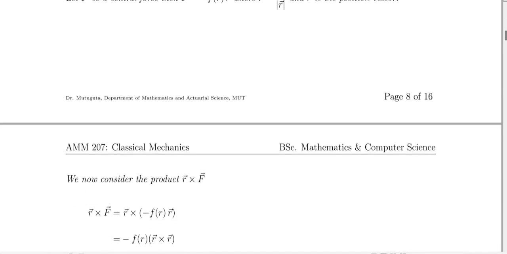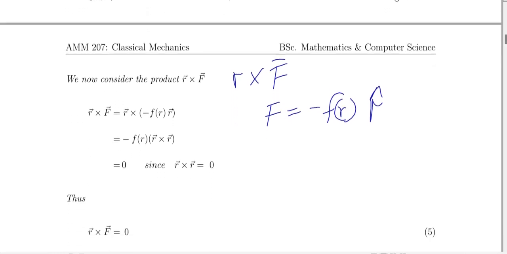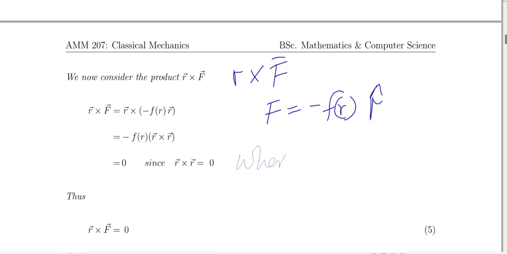Now, if we work out r cross F, remember that F equals minus F(r) times r hat, where the unit vector r hat can be expressed as the vector r divided by the magnitude of r.